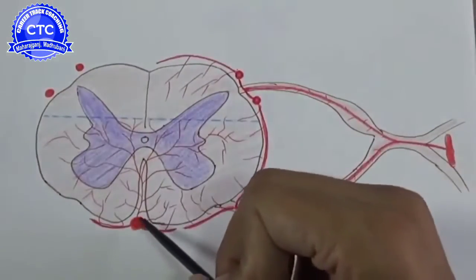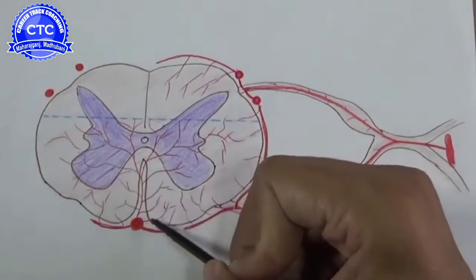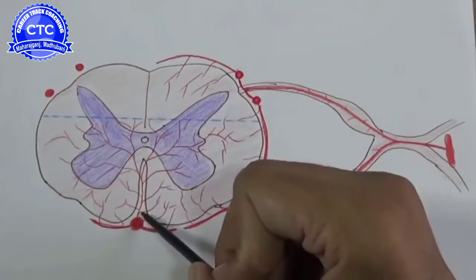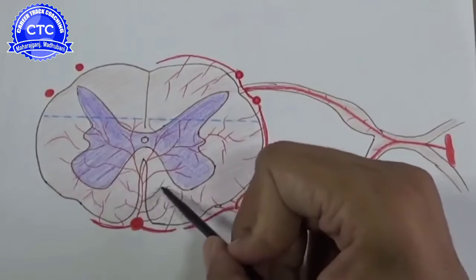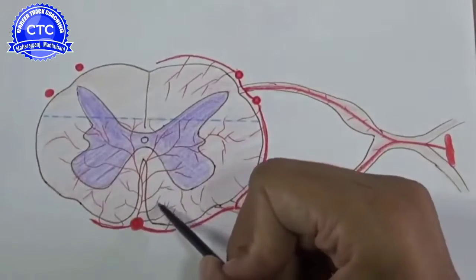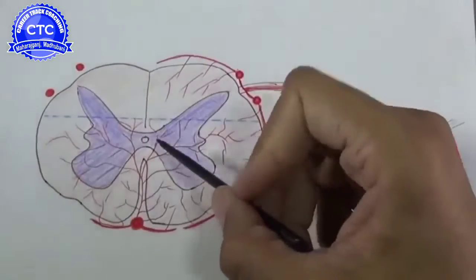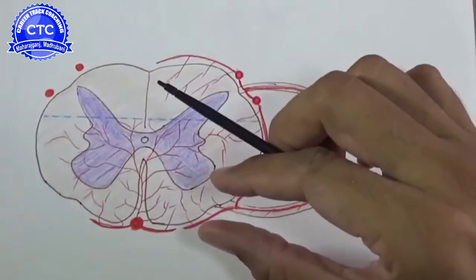Now over here you can clearly make out this is the anterior spinal artery in relation to the anteromedian fissure, and this will give central branches. See this. Now these central branches are 5 to 7 in number at every 1 centimeter of spinal cord.